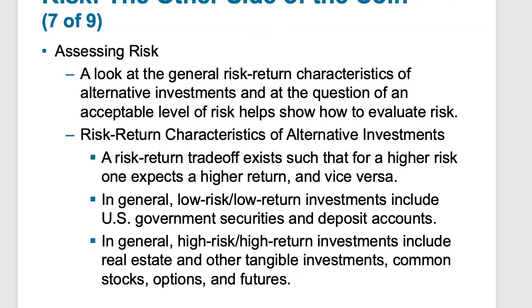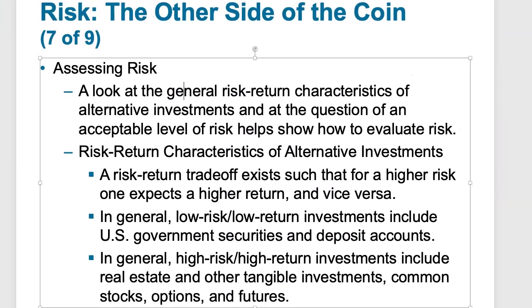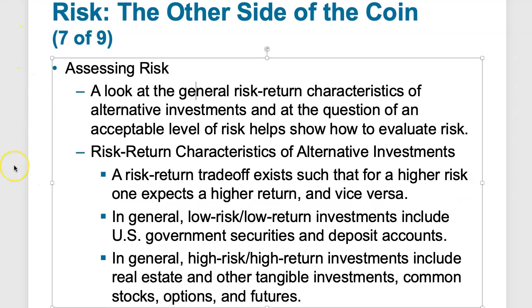Okay. Now, let me just move this up. Okay. So the other side of the coin. We continue with this nine slide series. So assessing risk. How do we know what the risks are?